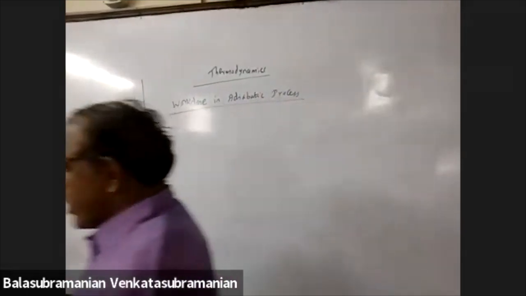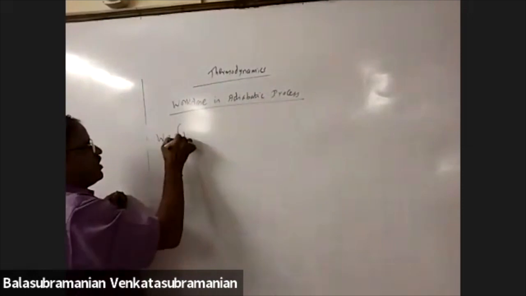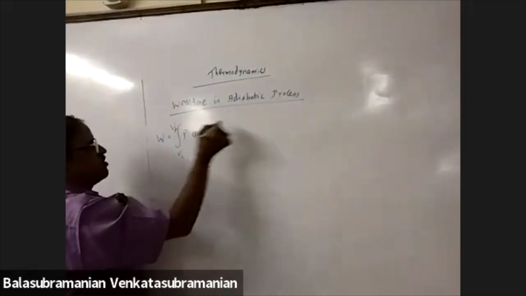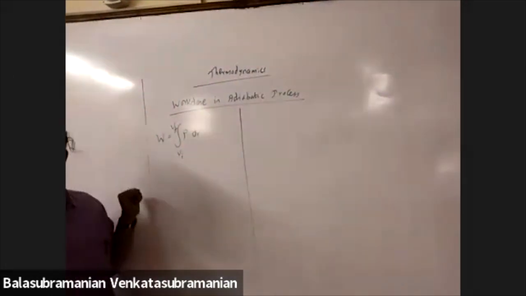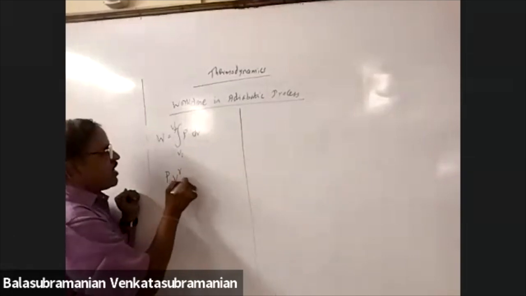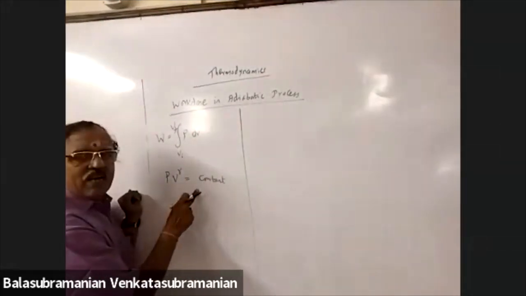Basic formula for work done: W is equal to integral PdV from Vi to Vf. What is the equation? PV power gamma is equal to constant. This is the equation for adiabatic process.